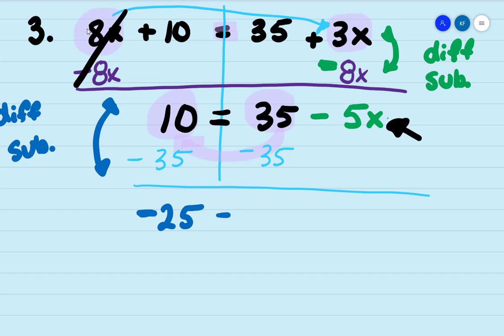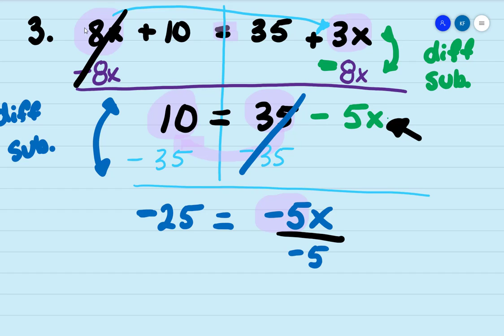Then across the equal sign, I have 0 and I have negative 5x. What do you do to both sides now? You're going to divide by the number in front of the x variable. Hopefully you're getting a little bit more comfortable with this.